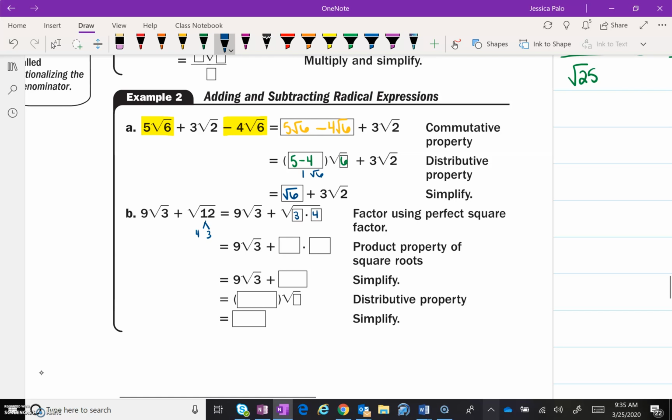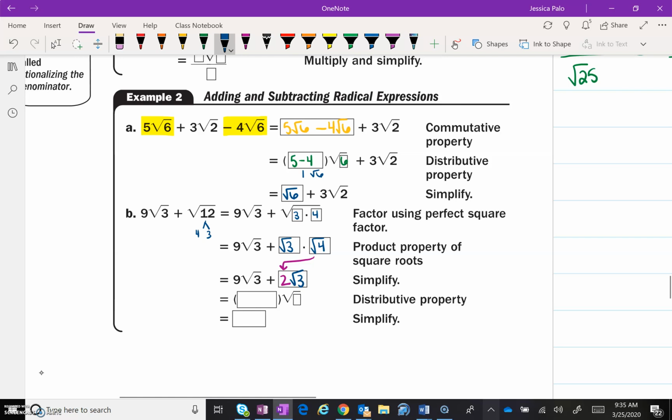Now we're going to use the product property. 9 radical 3 plus radical 3 times radical 4. And we know that the square root of 4 is 2, and radical 3 will stay radical 3.